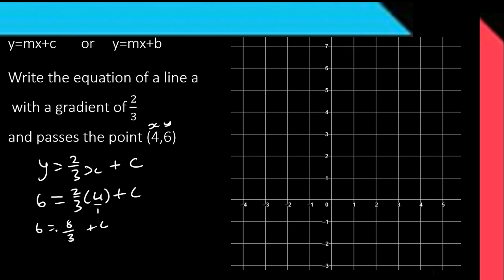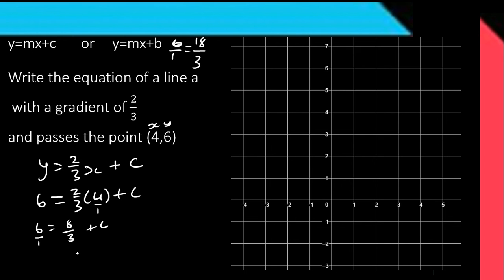Because I'm going to now subtract 8 over 3 from both sides, I'm going to change that 6 into a fraction too, with the denominator over 3. If I want to change 6 over 1, the denominator is 3, so I have to multiply it by 3. That's going to become 18 over 3.